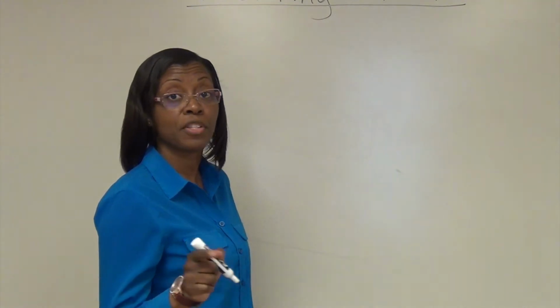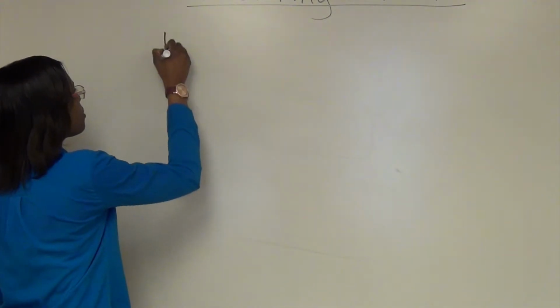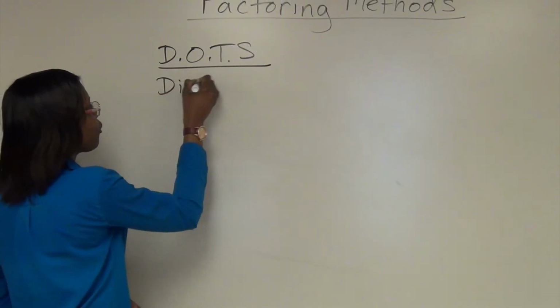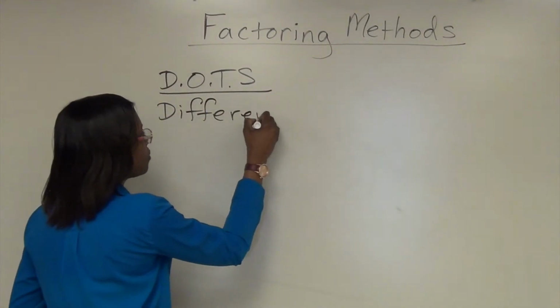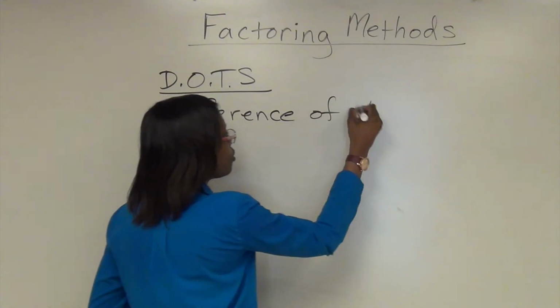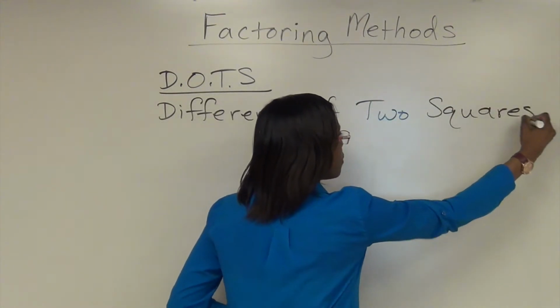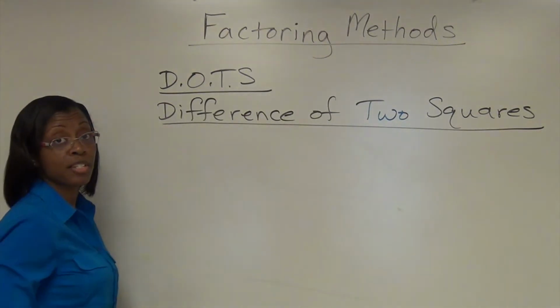Now, we will use the difference of two squares. Some students call this DOTS. Difference of two squares. We will factor by using the difference of two squares.